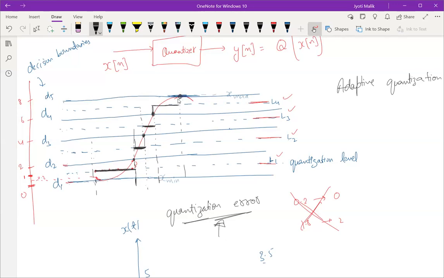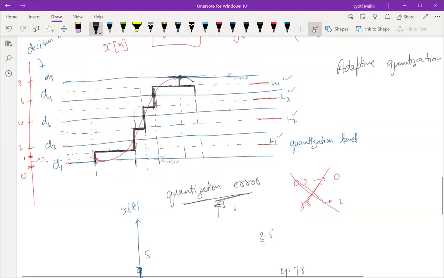Then again, you can see it is coming here. So up to here, it is falling in the D5 to D4 boundary, so again, it will be mapped here only. So you can see we can join them like this.